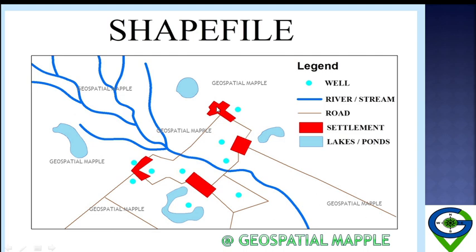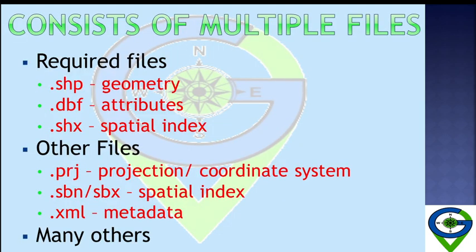So this 400 and the name of the village, X, are stored in the dbf file. So this dbf file contains all the attributes, meaning all the non-spatial information about this shp file, the geometry file, which may be in the form of point, line or polygon.